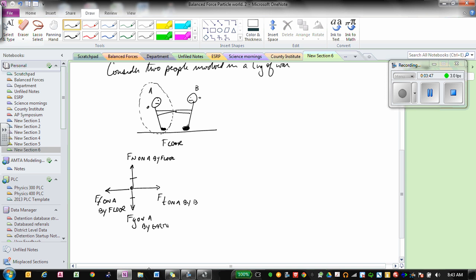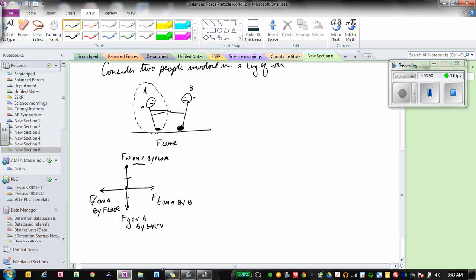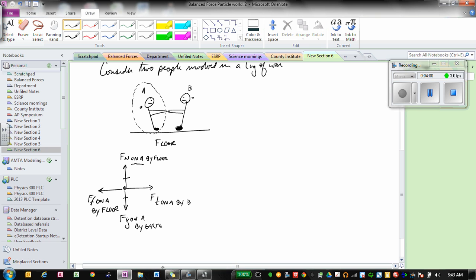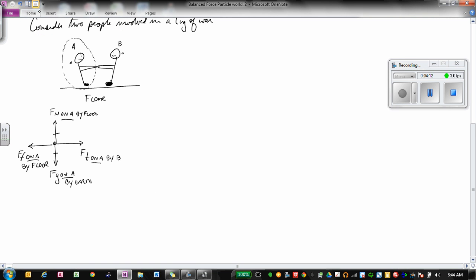And we know to draw the force diagram this way because by choosing our system as person A, the forces of interest are all the forces seen from object A's point of view. So all these forces start with Fg on A, Ff on A, and so on, all on A. If we draw the force diagram for B, it looks very similar.